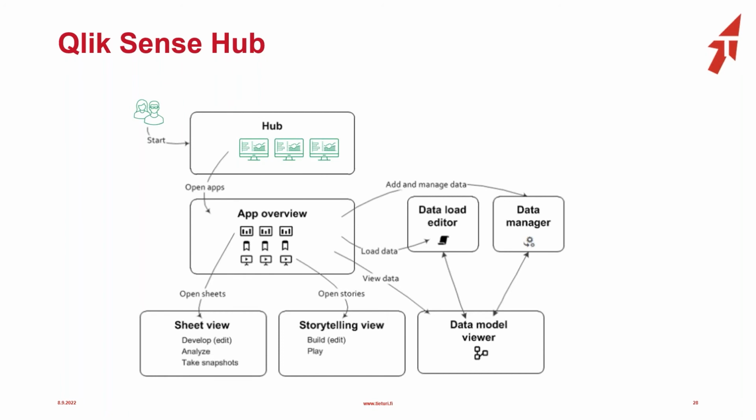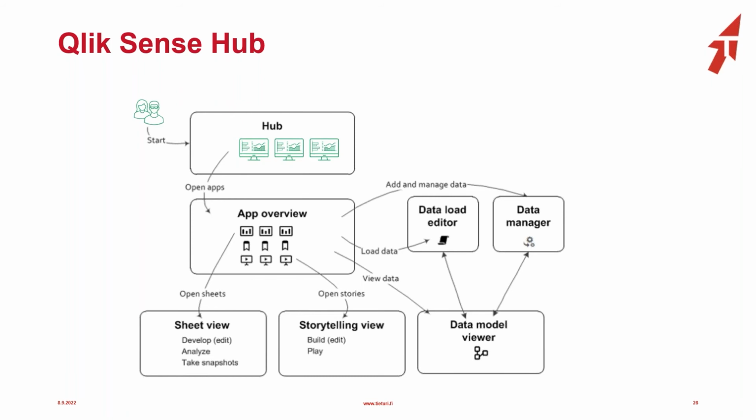In the applications, you have the data. You can work with the data load editor, data manager. You have different sheets available. You might have different stories also available. So you have your hub, that's the landing page where you have your applications, and the applications have the data and the data model included.